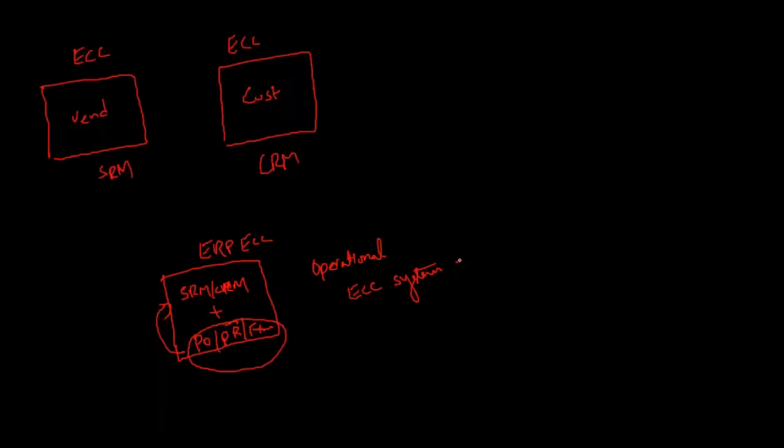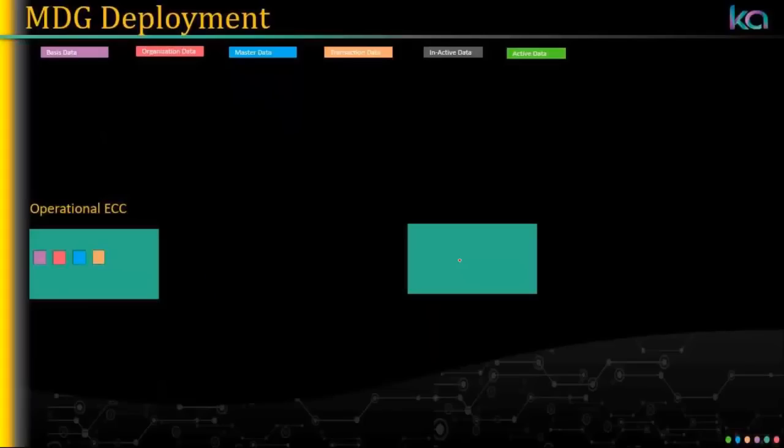Now, how many ways will SAP deliver, sorry, MDG software? There are various versions of MDG software: 6.1, 7.0, 8.0, 9.0, 9.1, 9.2.